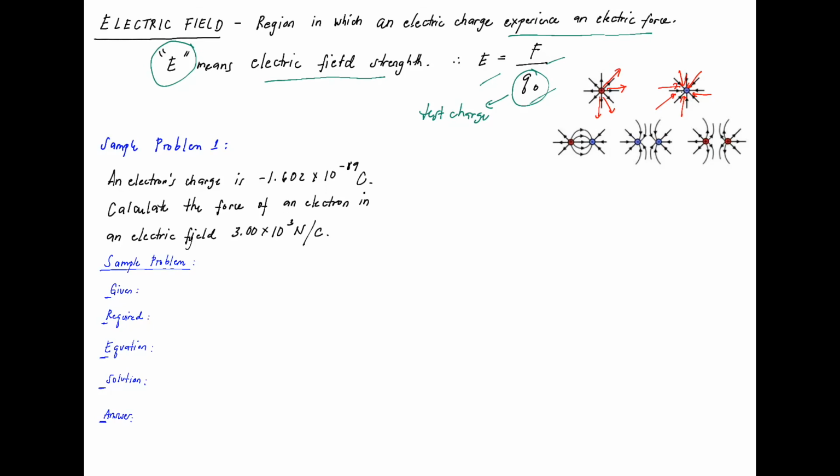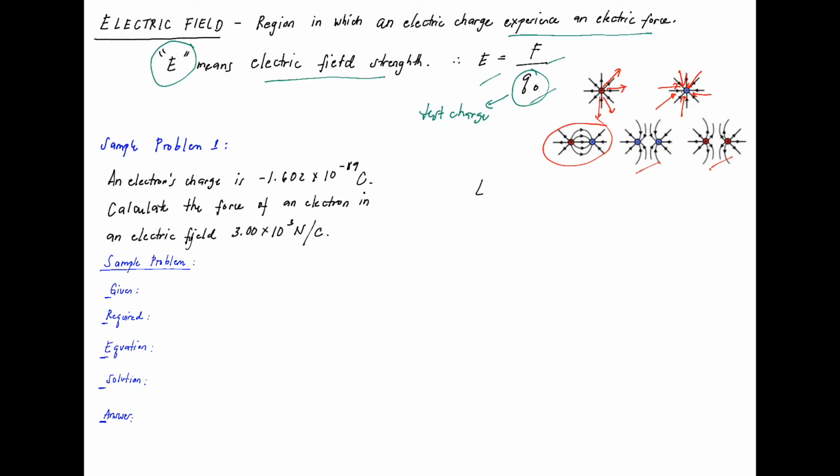This is the representation of the electric fields for two unlike charged bodies. This is for the like bodies. We have the negative and the positive. Take note of the direction of the electric field, and it explains why there is no attraction or there is an attraction of the two charged bodies.